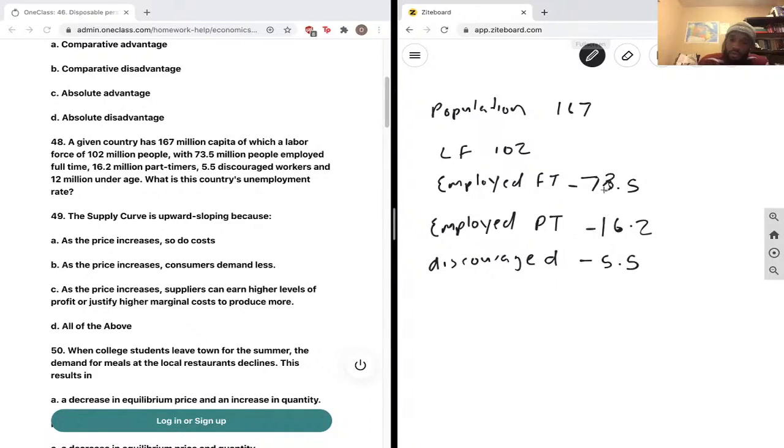And 12 million are underage. What is the country's unemployment?